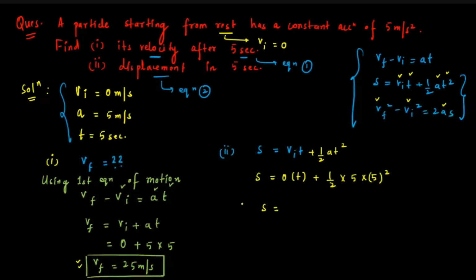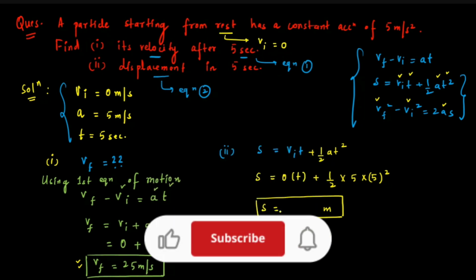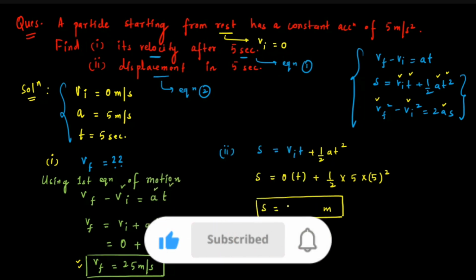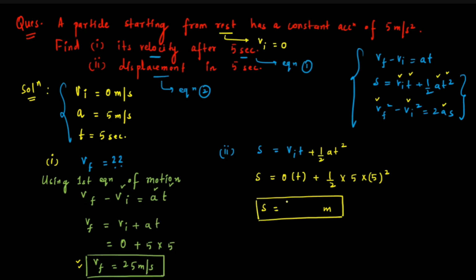It's 0 plus half times 5 times 25. 62.5. Exactly.